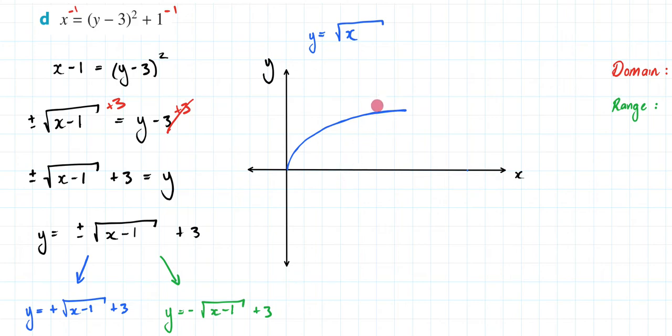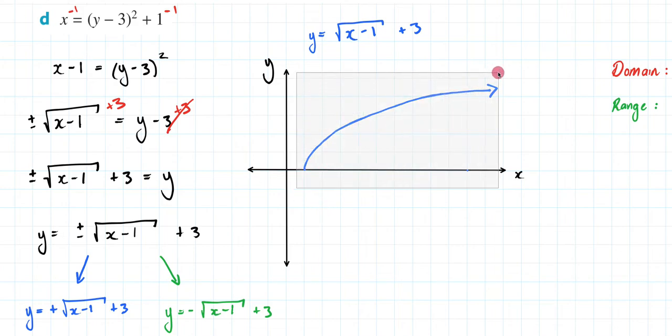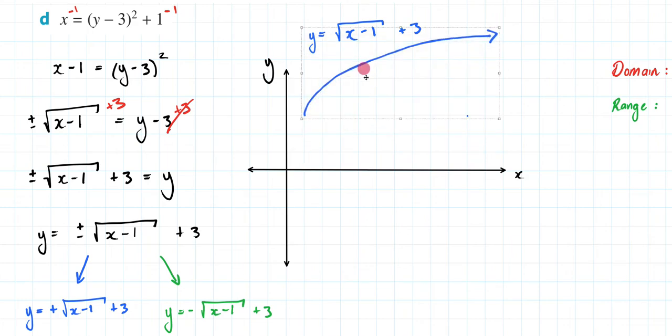So therefore, if I were to now minus a 1, that will shift it 1 in the positive x direction, like this. If I were then to plus 3, that's going to shift it 3 in the positive y direction. So I'm going to grab it and go 1, 2, 3.